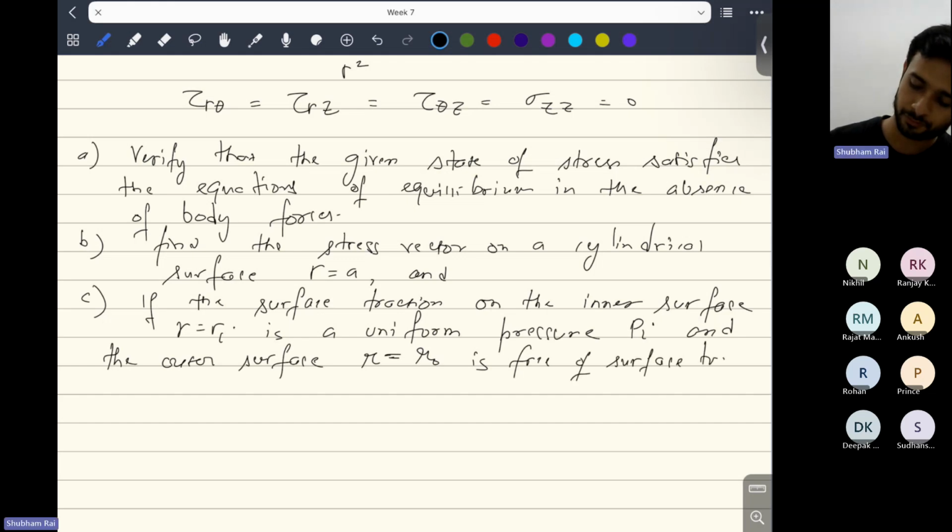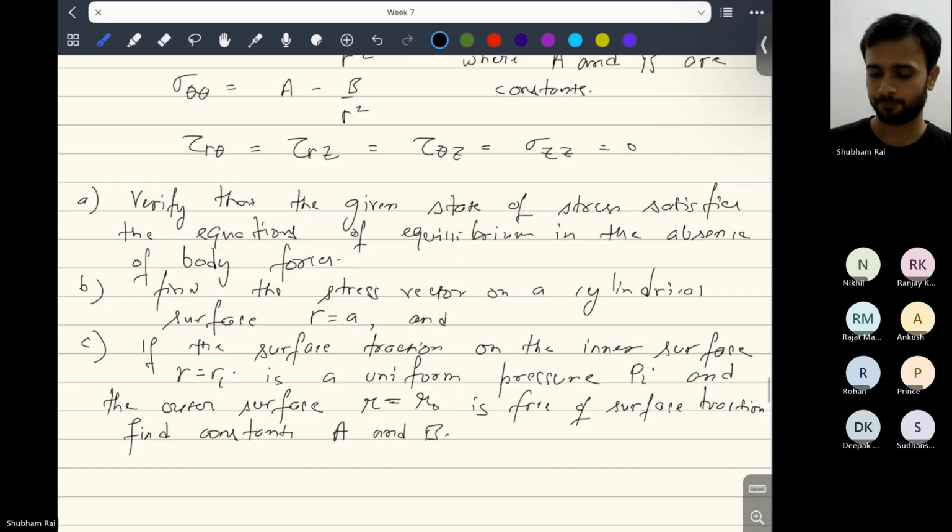Outer surface is free of surface traction, and we have to find constants capital A and capital B.